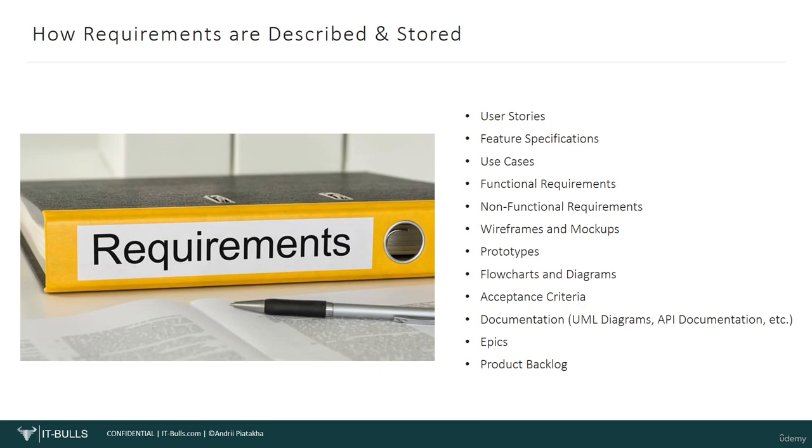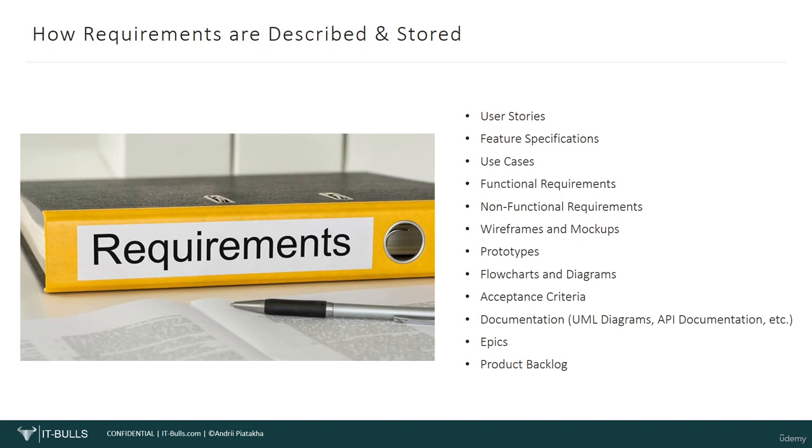Some common formats for describing requirements include user stories. User stories are short, informal descriptions of a feature from the perspective of a user or stakeholder. They follow a simple template: As a user, I want, description of an action, so that, and description of a benefit.